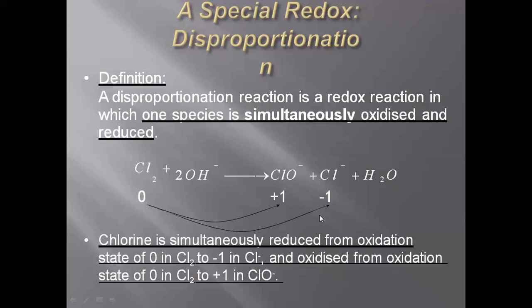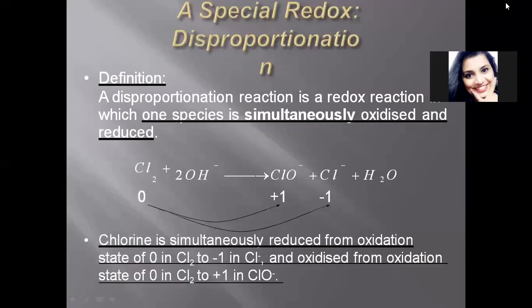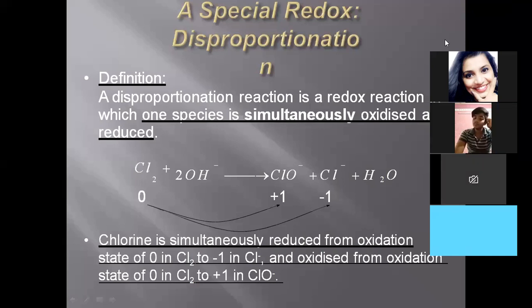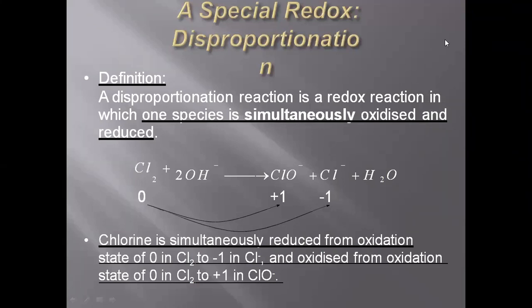Chlorine is reduced from oxidation state 0 to -1, so chlorine in the -1 oxidation state means reduction has occurred.